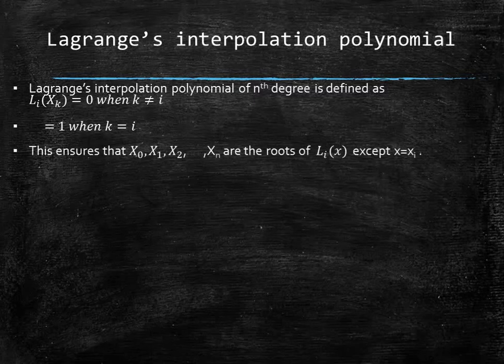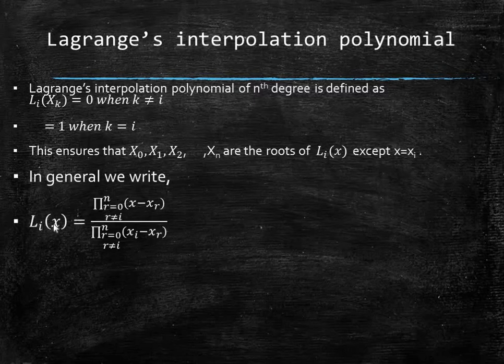In general, we have x0, x1 up to xn as the roots of Li of x except x equal to xi. In general, we can write Li of x as the product of x minus xr, with r running from 0 to n and r not equal to i, divided by the product of xi minus xr, r running from 0 to n and r not equal to i.